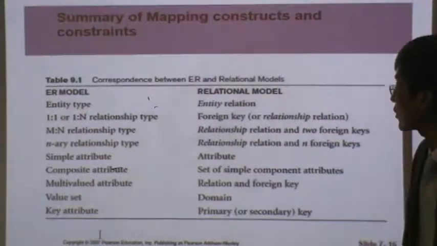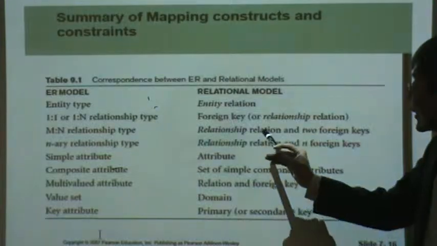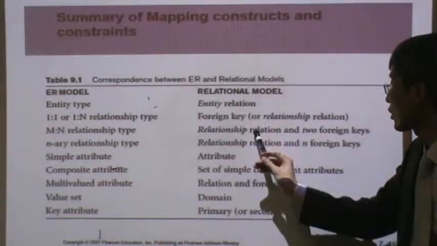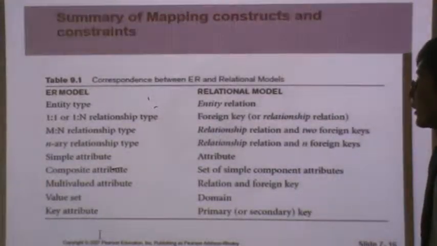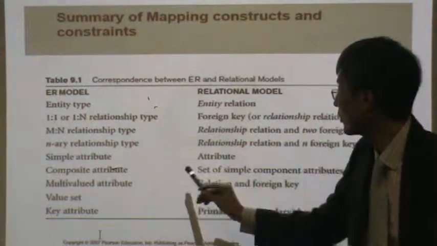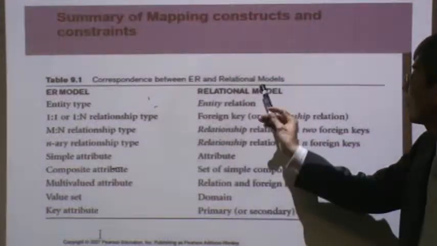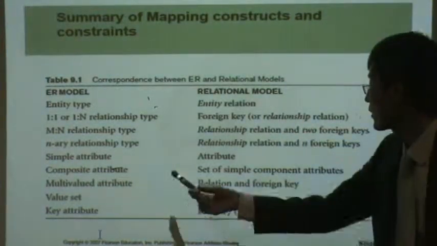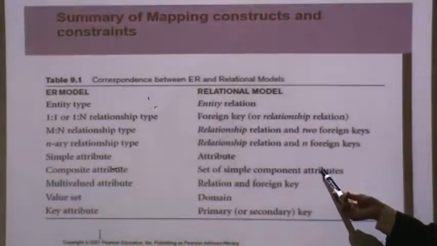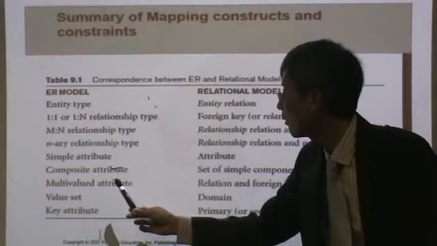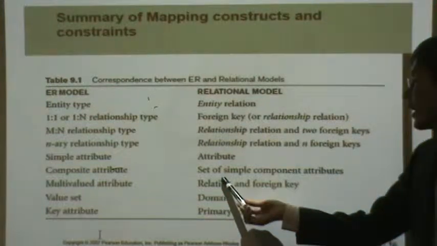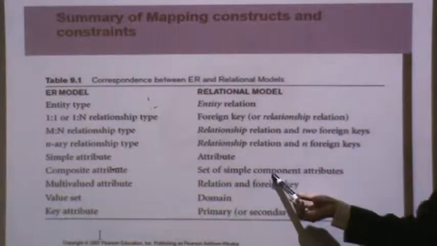For many to many relationships, we can create the in-between relationship table, then 2 additional foreign keys. A simple attribute can be the attribute or column of the relational model. For composite, we can create the components, and each component will be an attribute or column. For multi-value, we can create an additional relation with a foreign key.